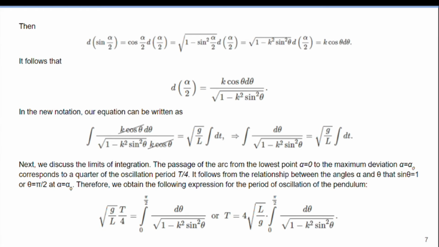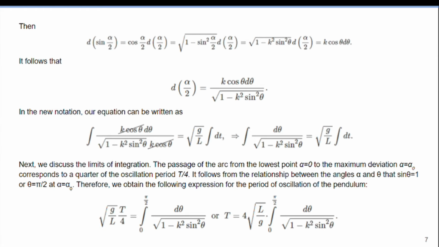It follows that d of alpha over 2 is equal to k cosine theta d theta over the square root of 1 minus k squared sine squared theta. In the new notation the equation can be written as that formula, as we can see.